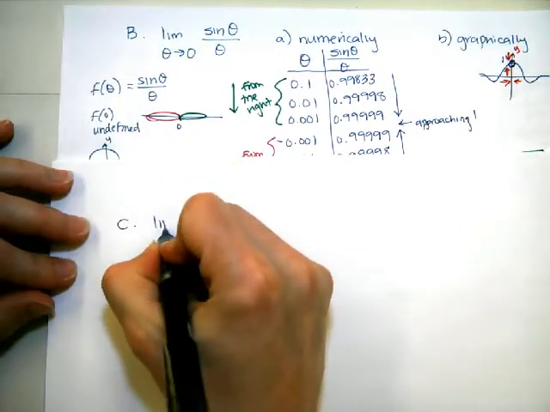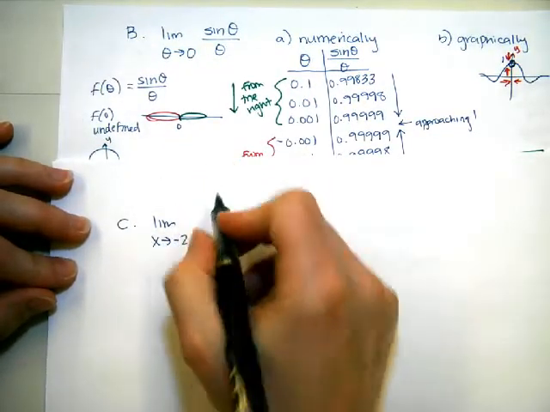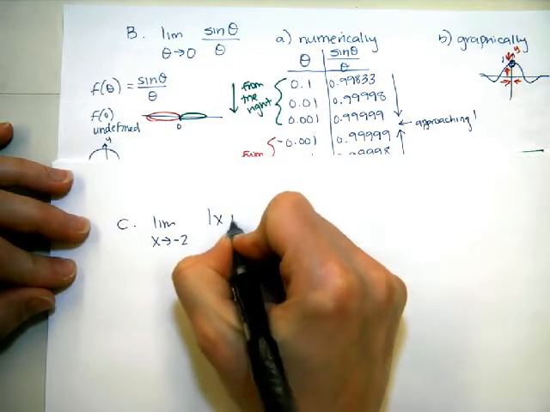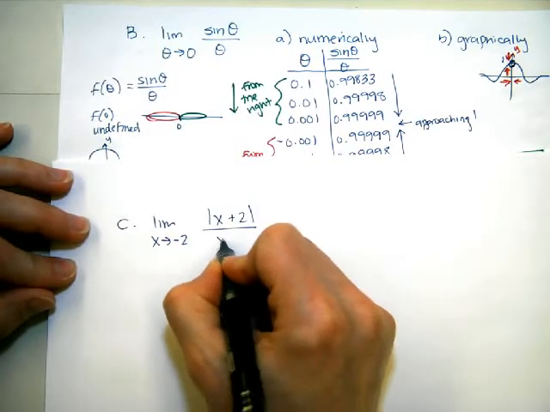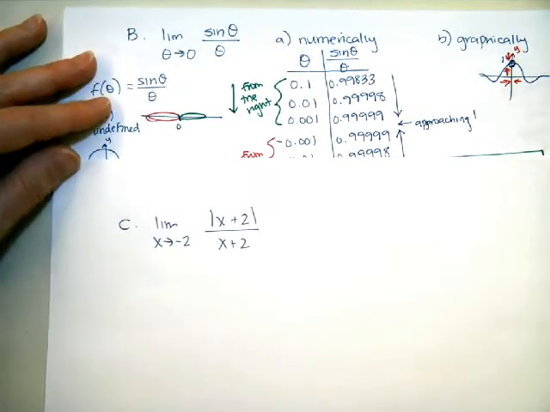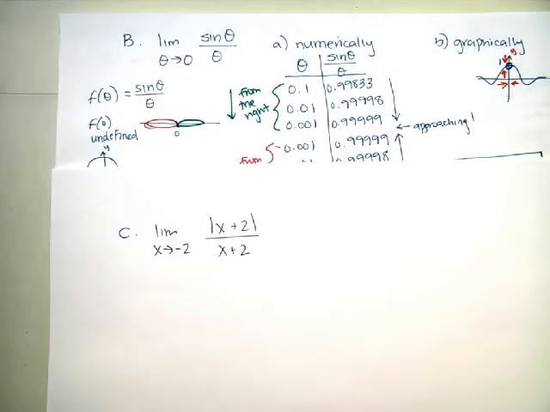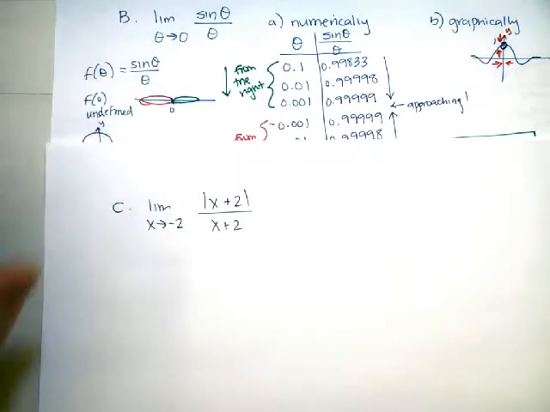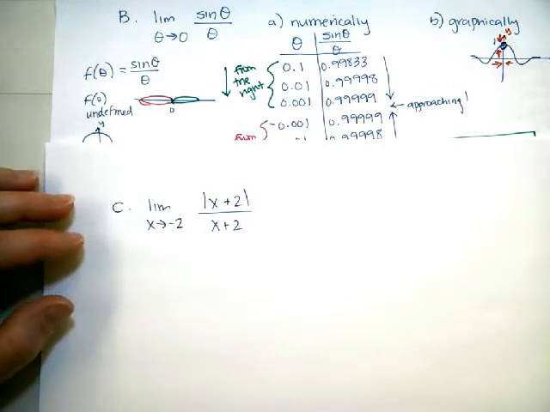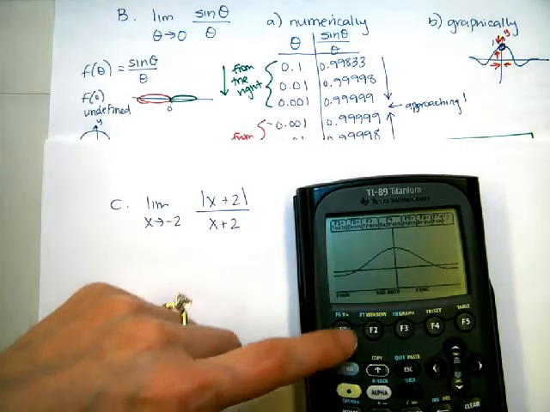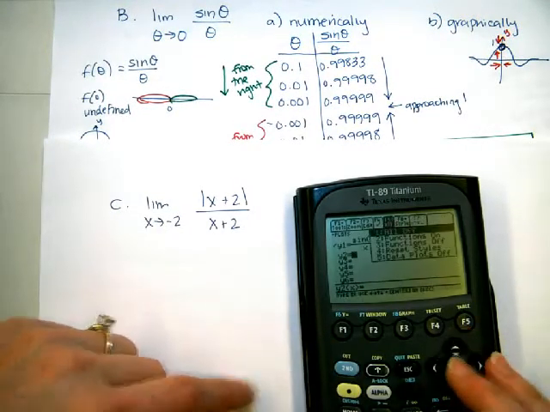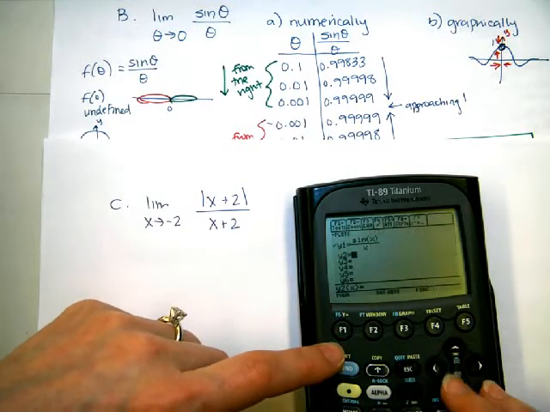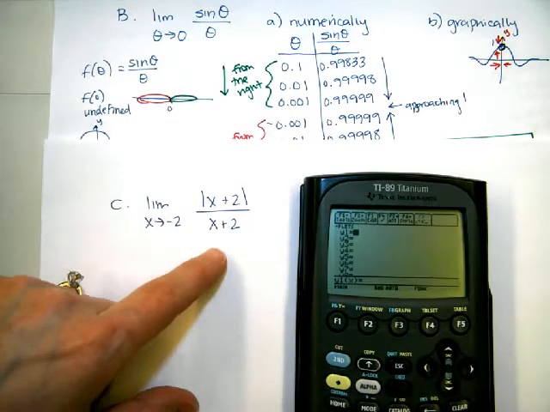Let's look at the limit as x approaches -2 of absolute value x plus 2 over x plus 2. Okay, so again, we're going to use our calculator. I'm going to go a little quicker through this one because we still have another section to talk about.